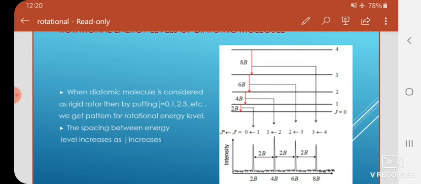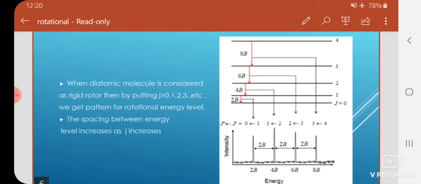So as we go from J is equal to 0 to J is equal to infinity, the energy difference between two successive energy levels keeps increasing. Initially, between J equal to 1 and J equal to 0, the energy difference is 2B.